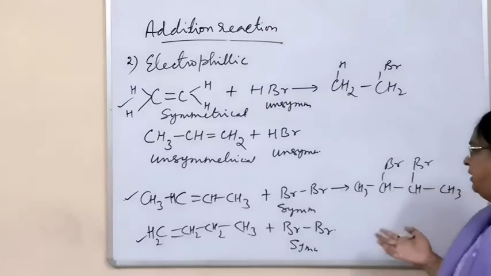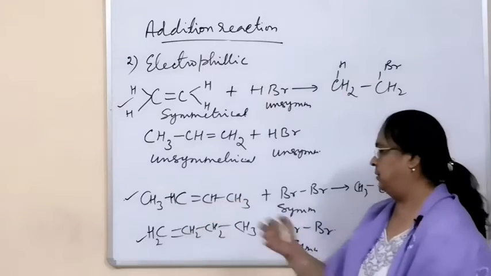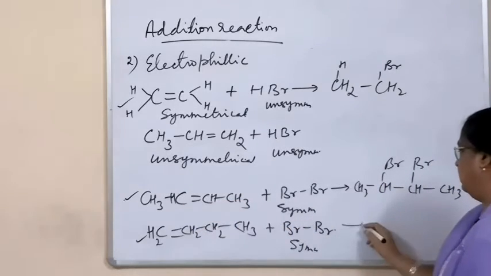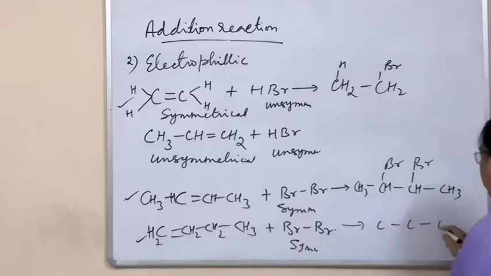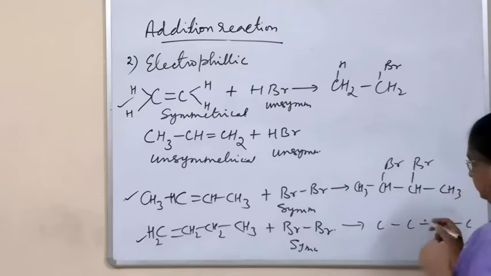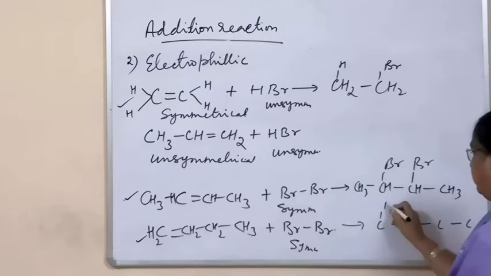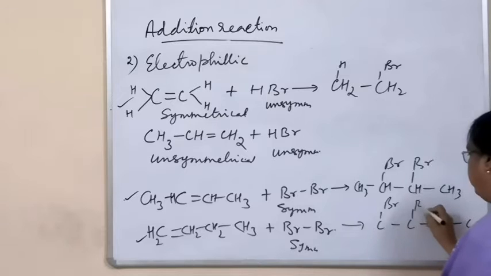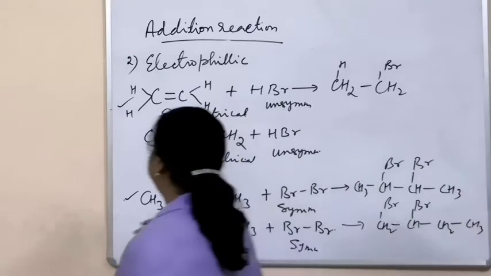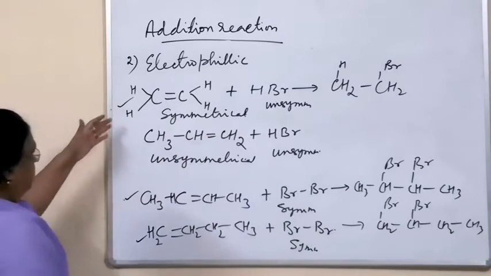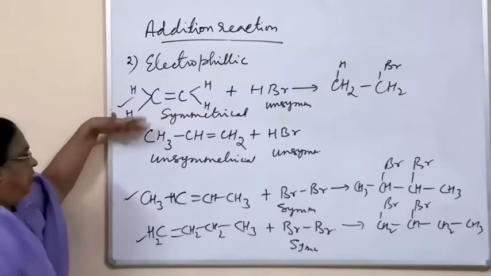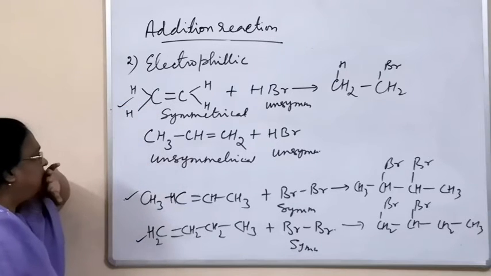Not difficult. One bromine to this carbon, the other bromine there. And in this case also the same. Double bond has turned single, so one Br here and one Br here, so this is CH2, H2 and H3. So there is no problem when this is symmetrical or unsymmetrical.